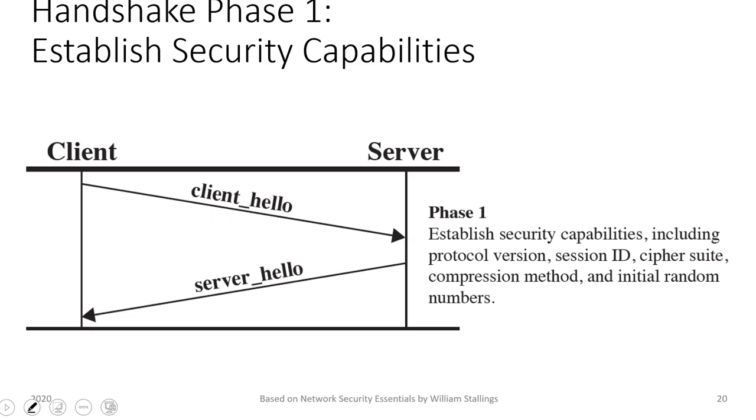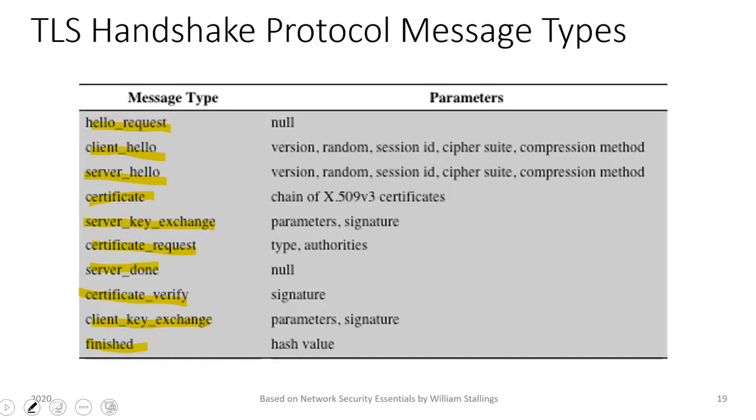When we think about the first phase of the handshake protocol, only two things happen. The client sends a client hello and the server sends back a server hello. The client hello and server hello can also include the version, random IDs, session IDs, and also the cipher suite and compression method.